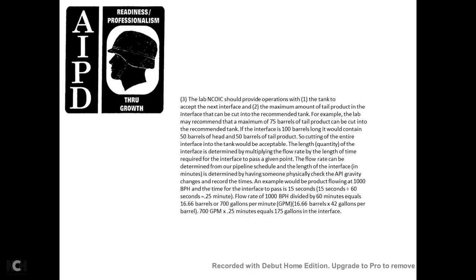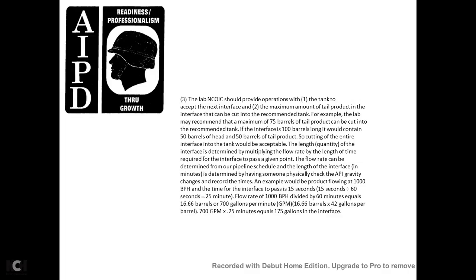The length and quantity of the interface are determined by multiplying the flow rate by the length of time required for the interface to pass a given point. The flow rate can be determined from your pipeline schedule. The length of the interface, in minutes, is determined by having someone physically check the API gravity changes and record the times. Example: we are pumping 1,000 barrels per hour.